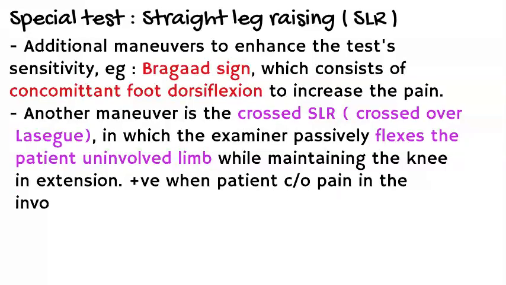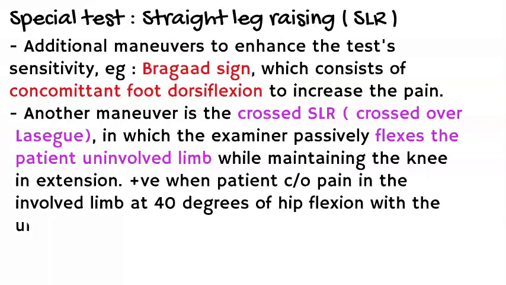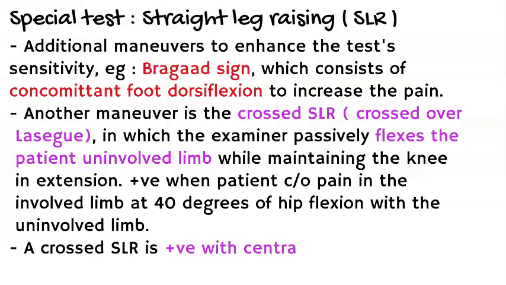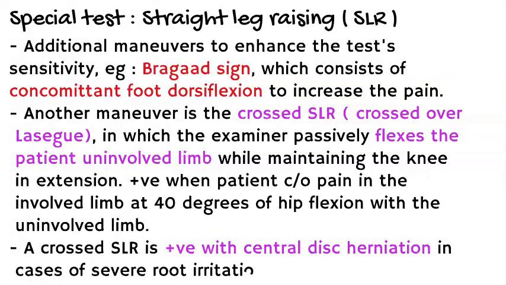Positive when the patient complains of pain in the involved limb at 40 degrees of hip flexion with the uninvolved limb. A cross SLR is positive with central disc herniation in cases of severe root irritation.